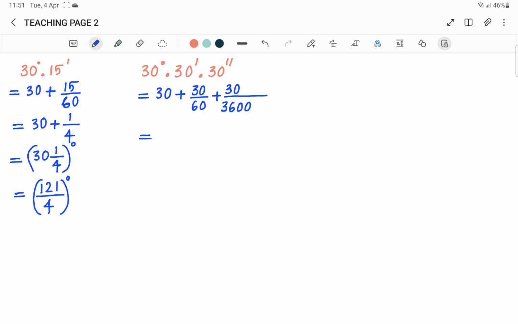So you can write it as 30 plus 1 by 2 plus 1 by 120.